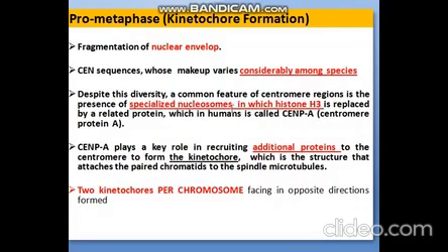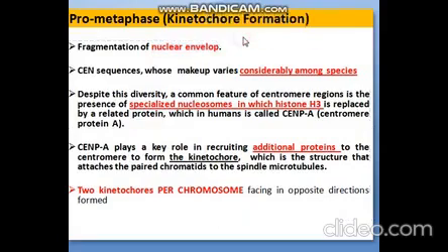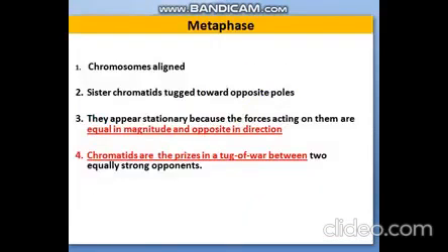Okay, so these are the centromere sequences whose makeup varies from one species to another, and one of the key elements here is that the nuclear envelope is gone, fragmented. And then comes the metaphase.